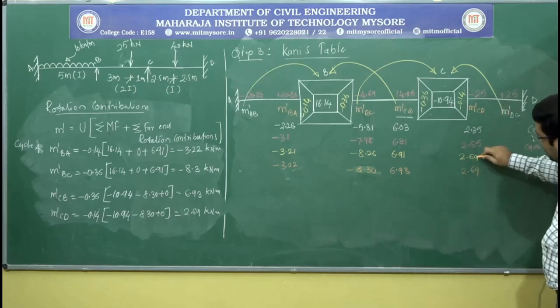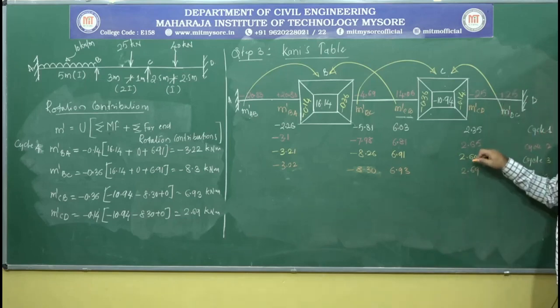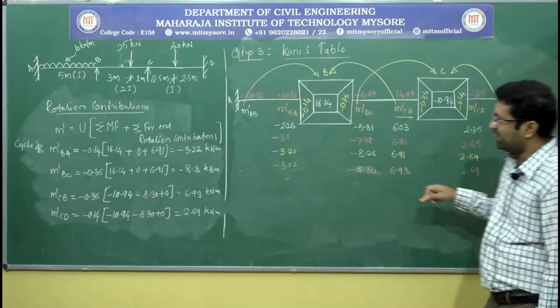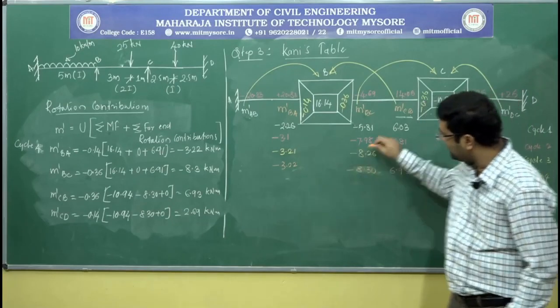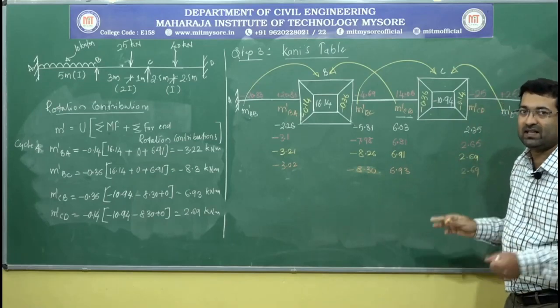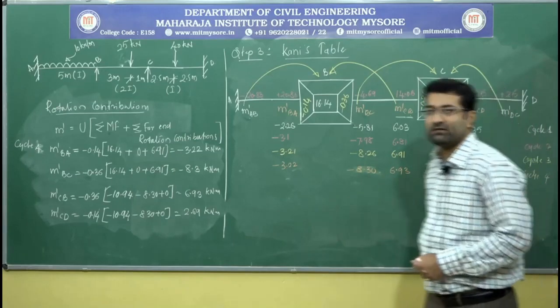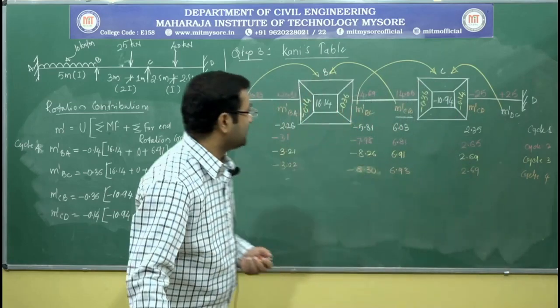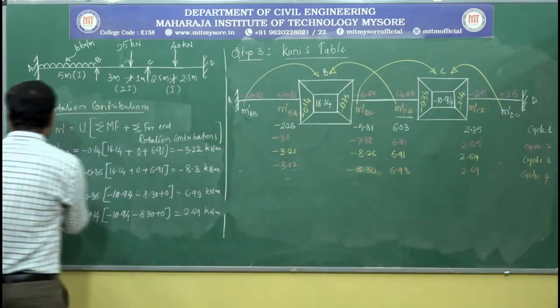You can see here in cycle 4, one value has remained the same, right? So obviously the differences have reduced. If you go for one more cycle, you will get exactly the same values, that is, cycle 5.